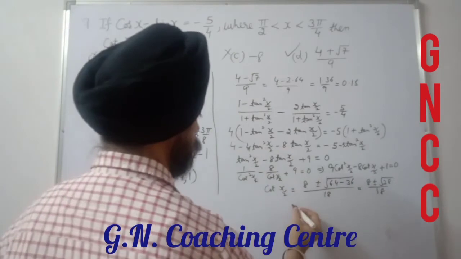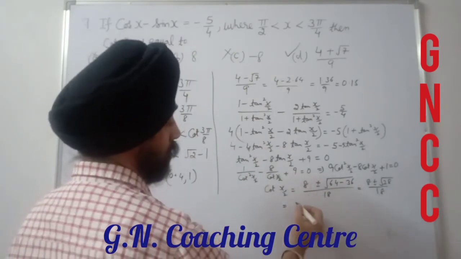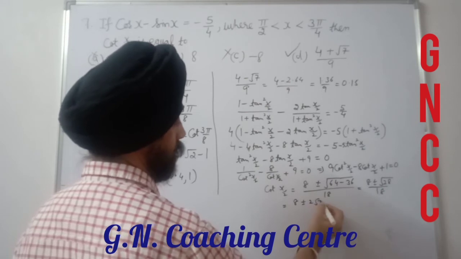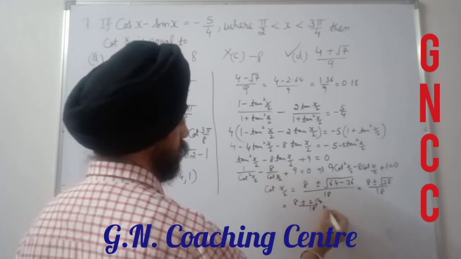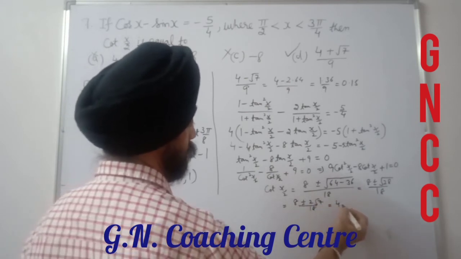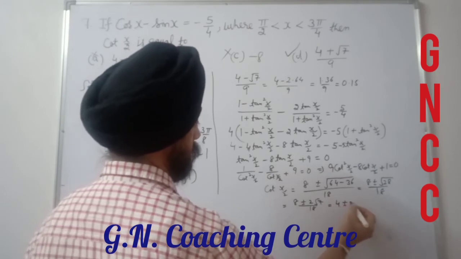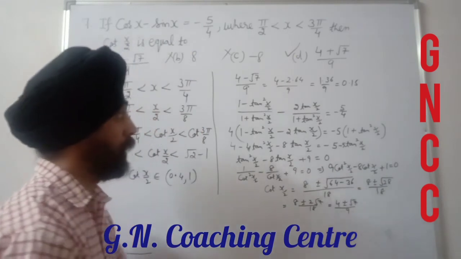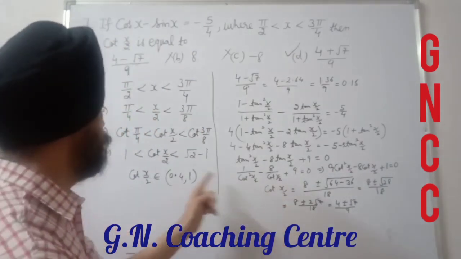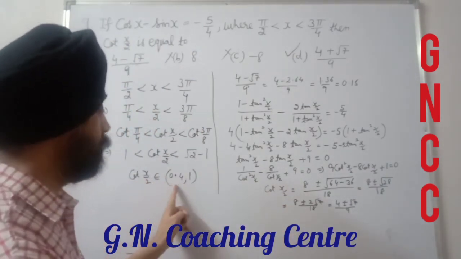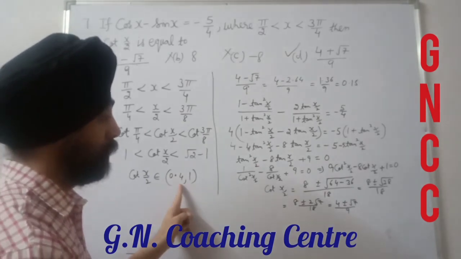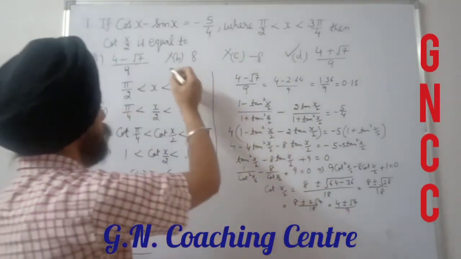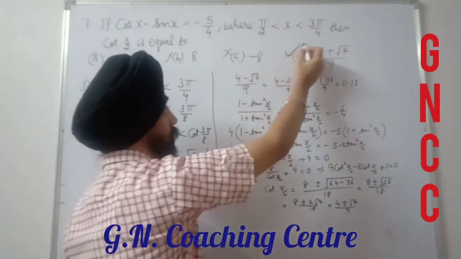This will be equal to 8 plus minus 2 root 7 over 18. 2 cancels, we will get 4 plus minus root 7 over 9. Now since cot x by 2 lies in this interval, we have to reject the negative value. So this option will come true, option D.